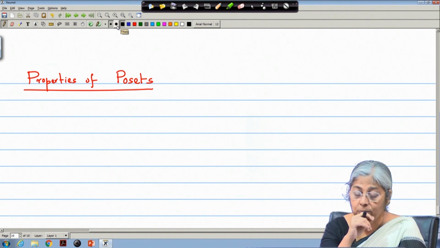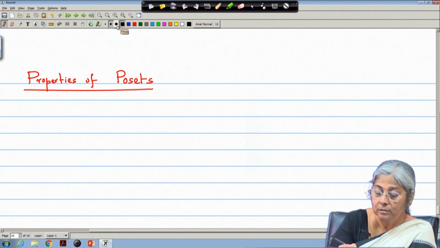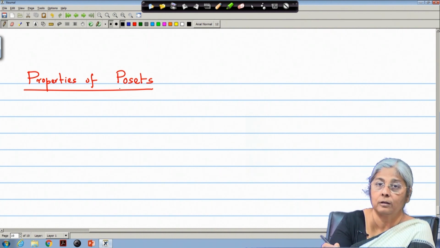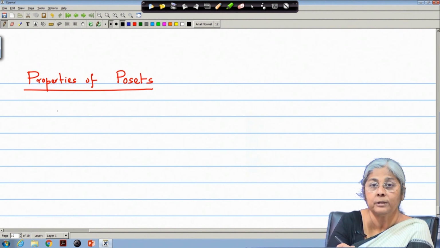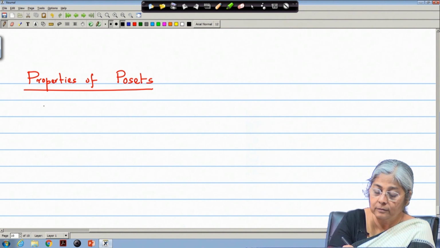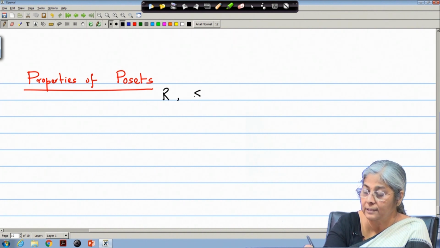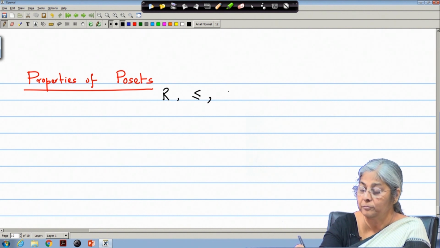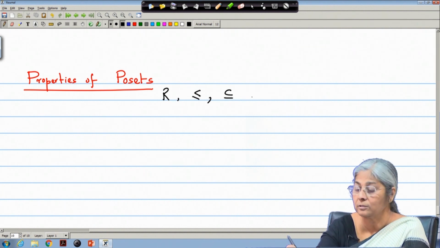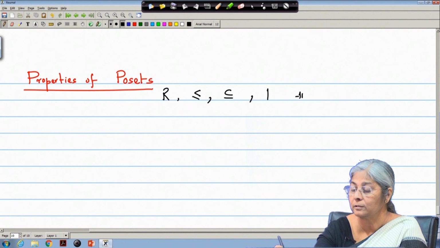Before this, we introduce a notation normally used for posets. If we remember, when we learned posets, we saw that a relation R with the operation less than or equal to, or if we consider set inclusion, the subset, or divisibility, with these operations they form a poset.